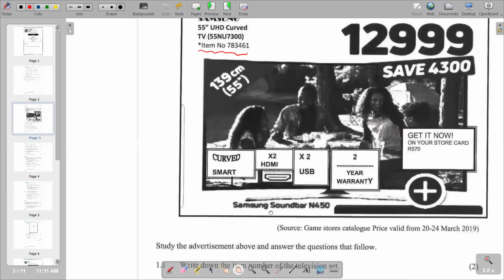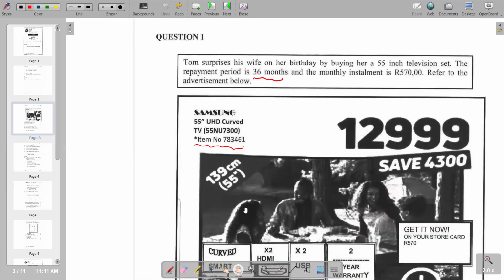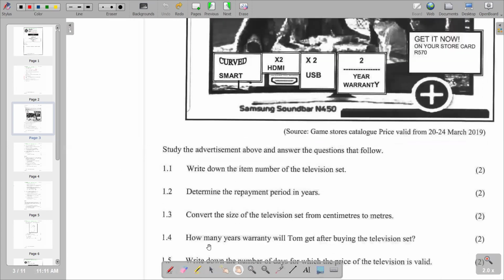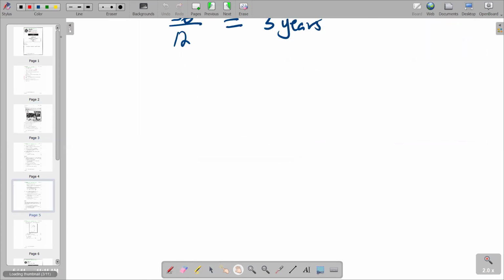So we have 55 inches, and this is our 1.3.